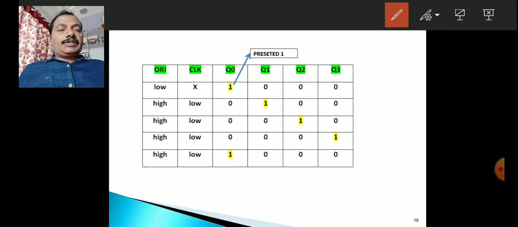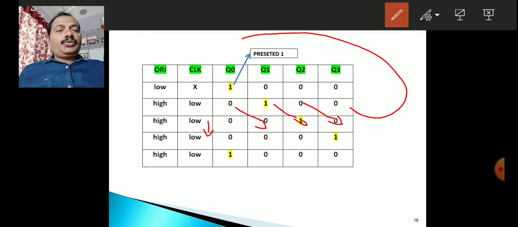For the next clock edge, this 0 is shifted to here, this 1 is shifted to here, this 0 is shifted to here, and the Q3 0 is shifted to Q0. That means here. Okay, this is at that clock edge.